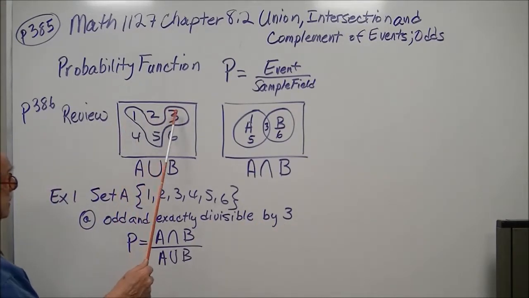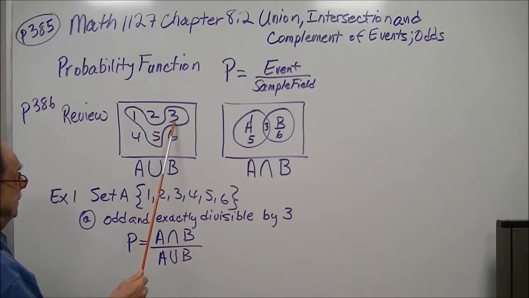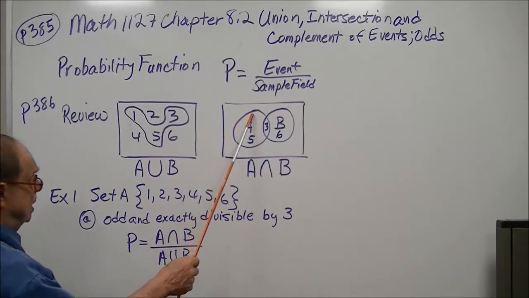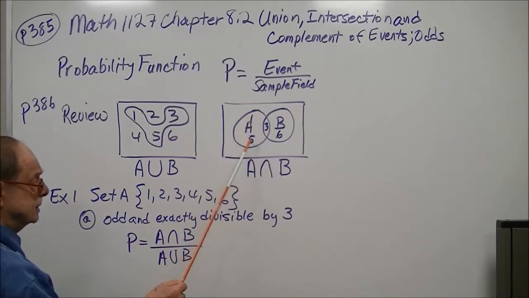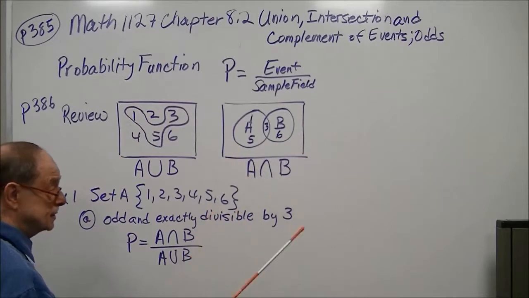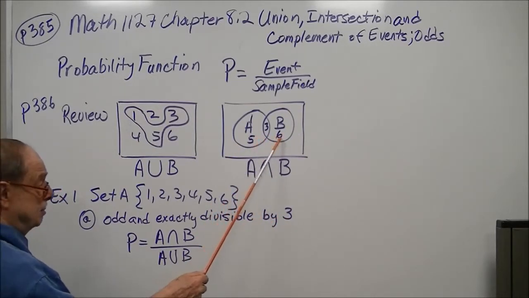Well, these are the numbers in your set that are odd: 1, 5, and 3. But then the numbers 1, 5, and 3, now I've put in this little Venn diagram. The 3 is odd. The 6 is divisible by 3, but it's not odd.